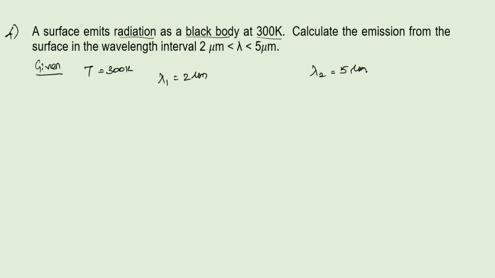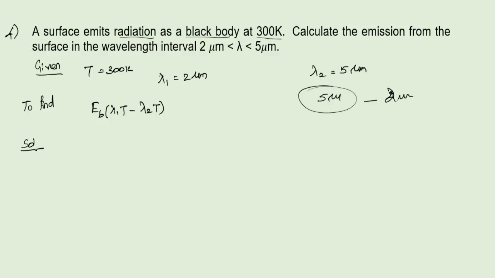To find the value in this interval, you have to find the emissive power at 5 micron, and from that just subtract the value up to 2 micron. So these two values have to be found. Now write: to find the emissive power of the black body in the interval lambda 1 T to lambda 2 T. Now go to the solution.